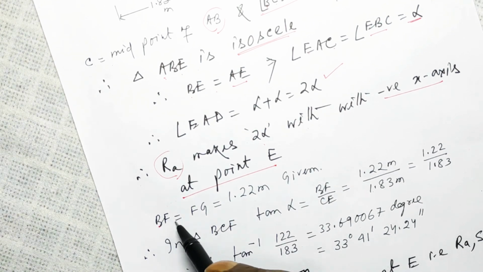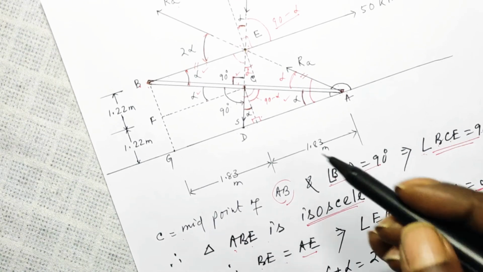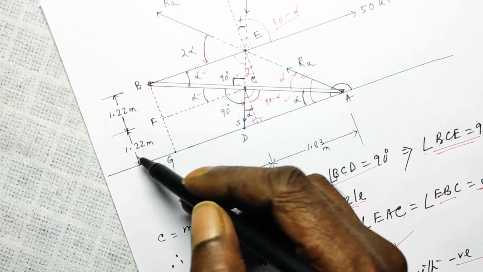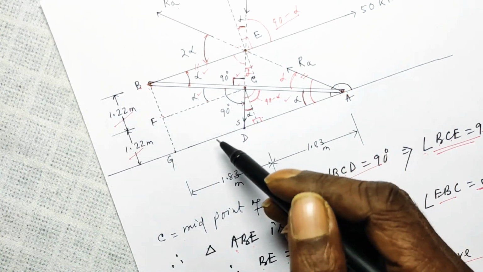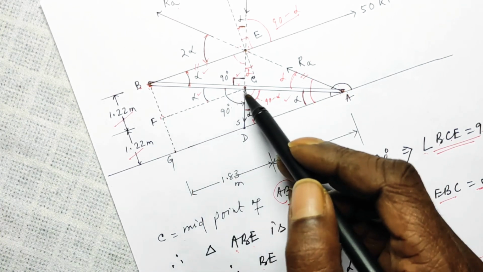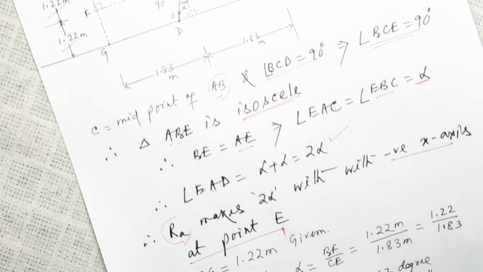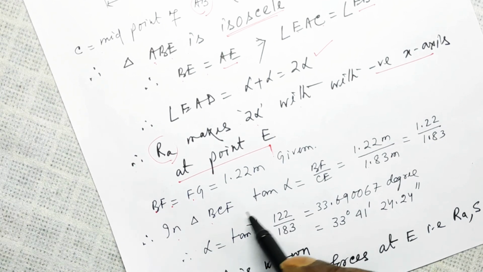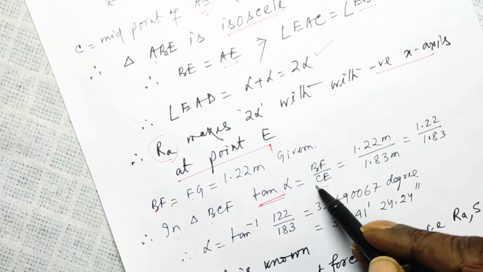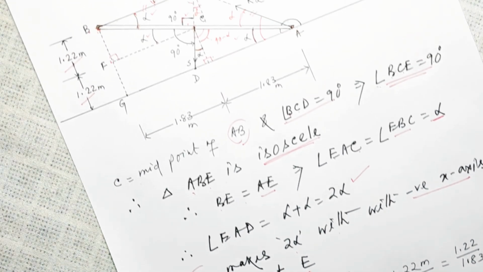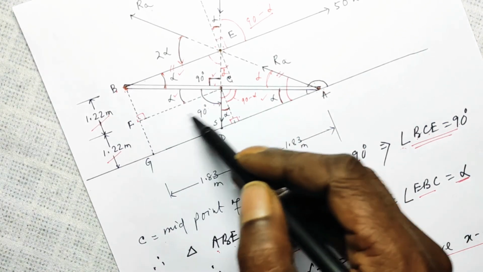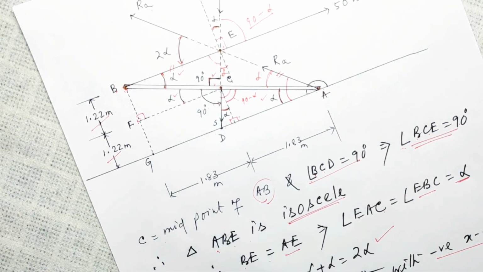Now it is given BF is equal to FG, each equal to 1.22 meter. In the right-angled triangle BFC, tan alpha will be perpendicular over base, BF over CF.